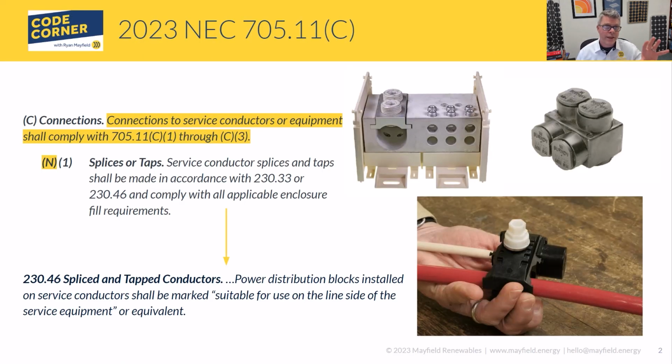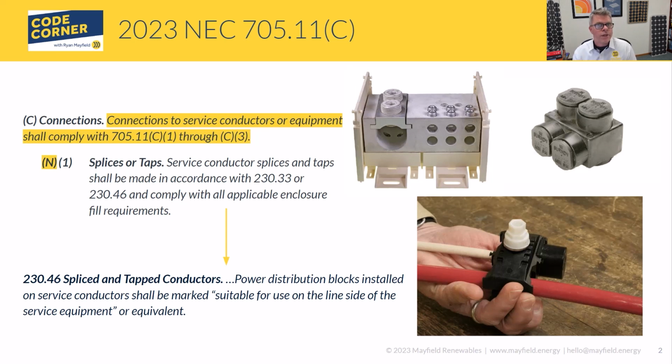So with that, this is that first section that shows up. So 705.11c actually has three different subsections. This first one is about splices and taps. And so you can see here the code language, the highlights in our slides, the highlights are changes from the 2020 to the 2023 code. So this just indicates there was some change in that title paragraph.